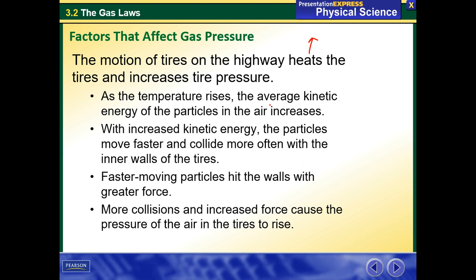And when they collide more often, they're going to have more pressure. So more collisions and a greater force has more pressure within the tires. You might also see in the winter that tire pressure tends to go down because it gets colder outside. So if it gets colder outside, you tend to see a decrease in tire pressure.